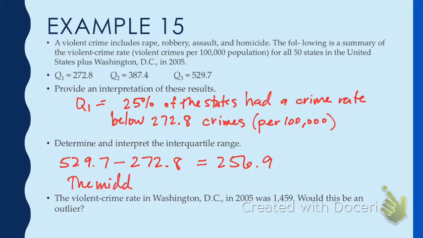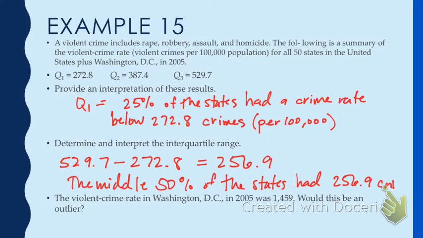So the middle 50% of the states had 256.9 crimes. What is the middle 50%? It's like the range of the middle 50%. So I should probably put that range.